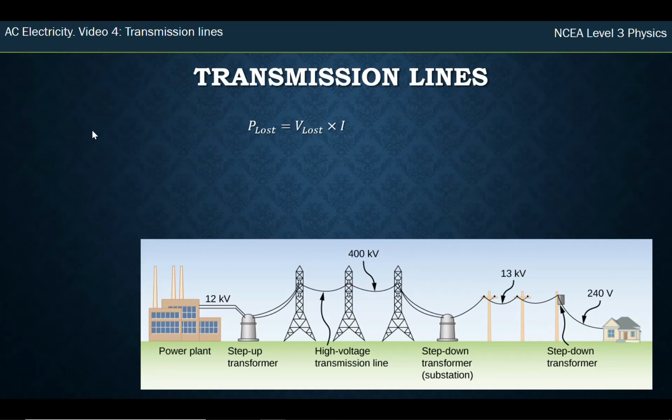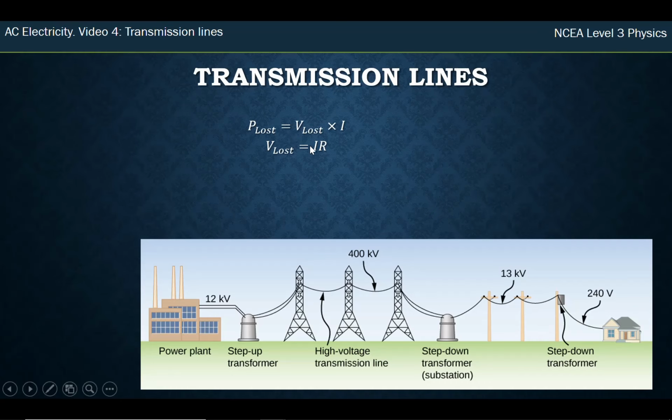If we look within the transmission line, getting the hundreds or thousands of kilometres to our house, and we treat this as a resistor in series, if we were working out how much power we're losing in this resistor, we'd always do P equals V times I, and we don't know what that voltage loss is.